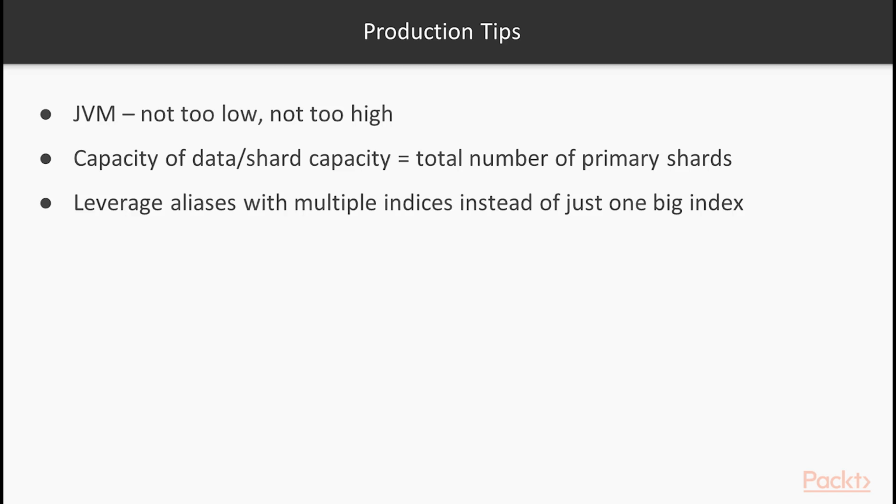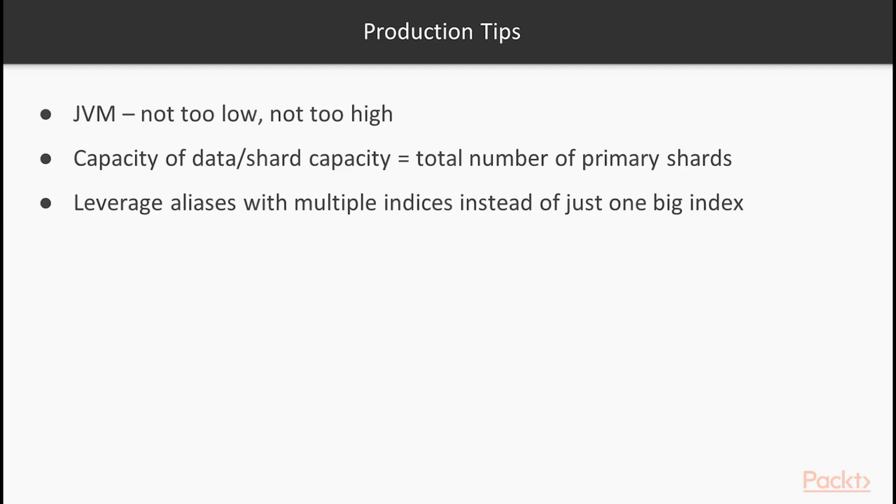Resist the temptation of making one big index. The first inclination is to assume that searching one index is more efficient than searching multiple indices. But in Elasticsearch, this is not the case. In fact, the net effect is actually the same. However, adding new data to a large index does incur a lot of overhead.